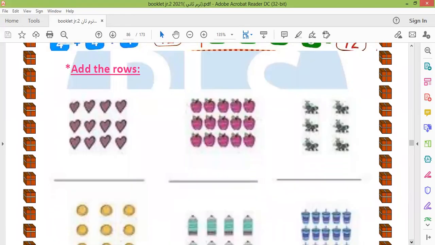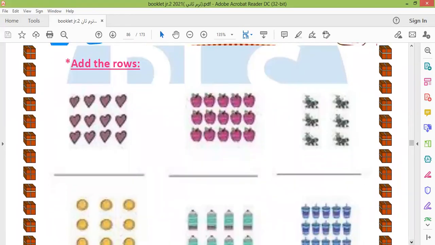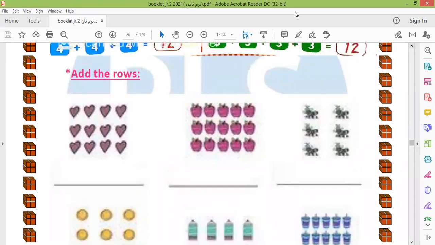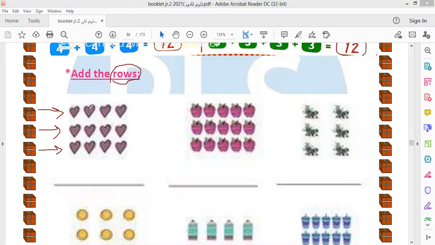Add the rows. We add according to rows. So we have here in the first one 3 rows. And each row have what? 1, 2, 3, 4. So we write 4 the first row plus 4 the second row plus 4 the third row equals what? 12.